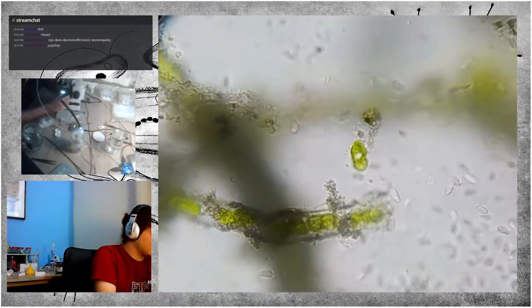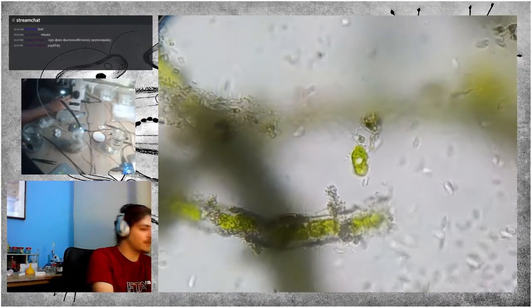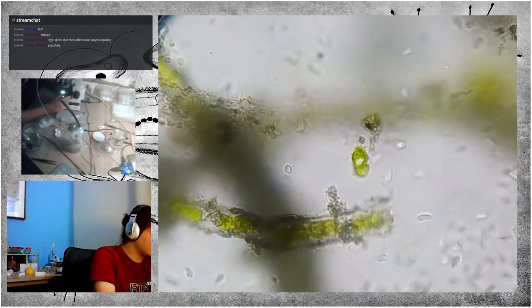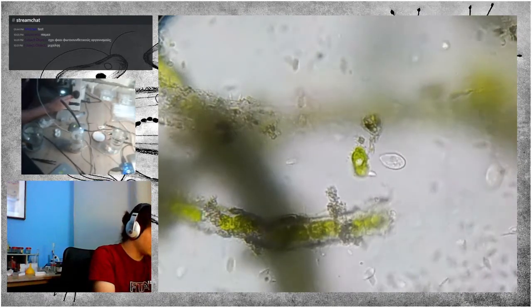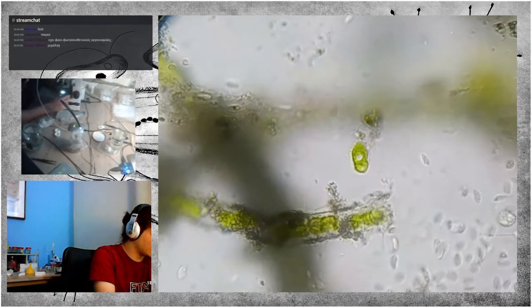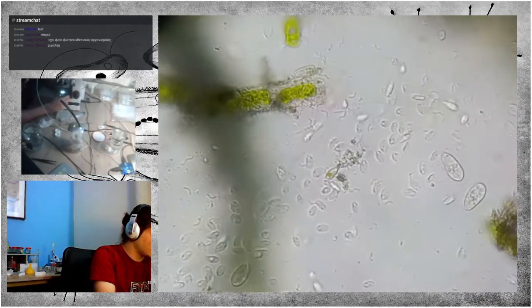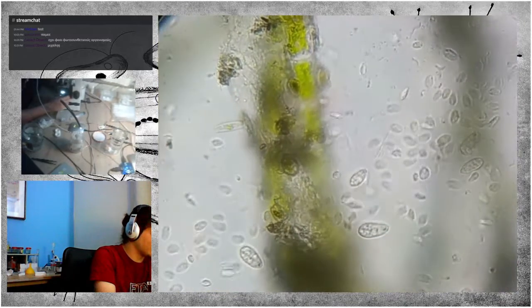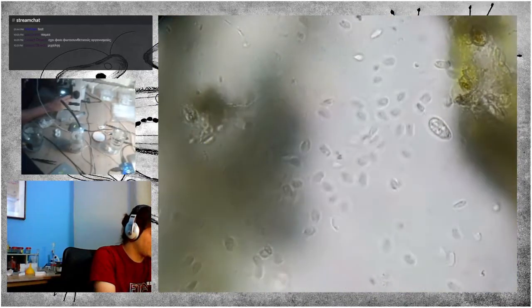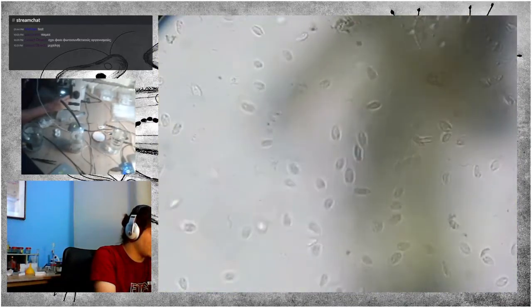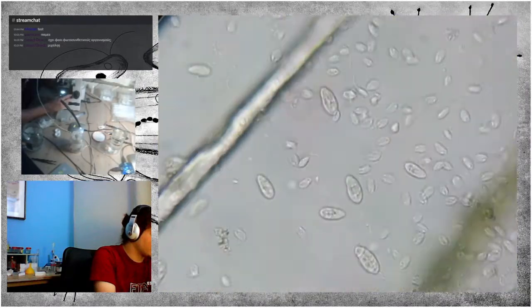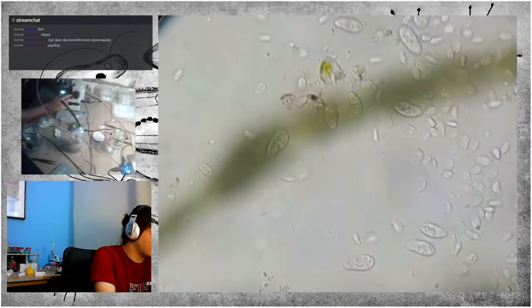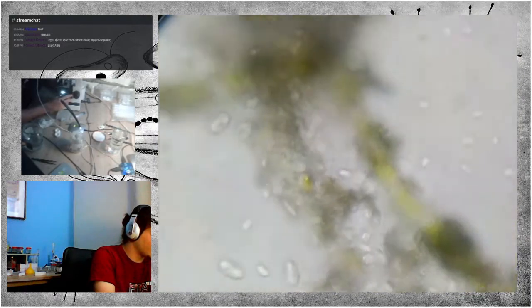I think this green thing in the middle could be a dead Euglena. Euglenas are flagellates that are, most of them at least, photosynthetic. Right now, in this slide, obviously we haven't found one.